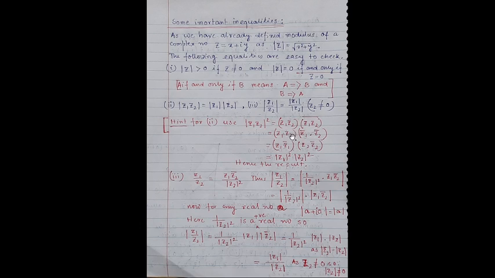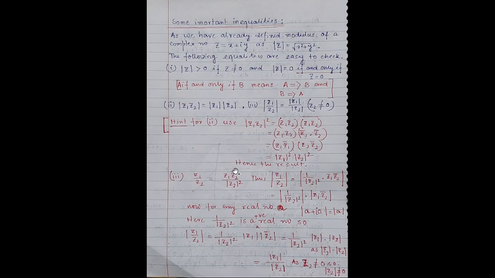As multiplication is commutative, if you flip z1 and z2 together, the value will not change. That's the commutativity that we talked about. Then this is z1 into z1 bar, times z2 into z2 bar. z1 into z1 bar is mod z1 square, and z2 into z2 bar is mod z2 square, hence the result.